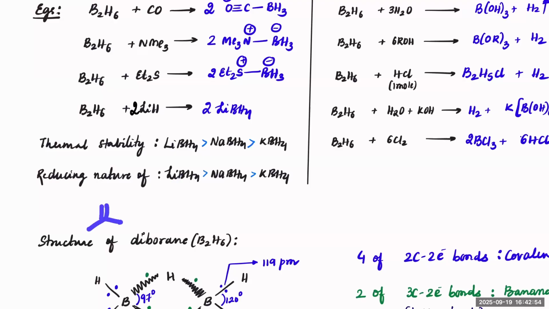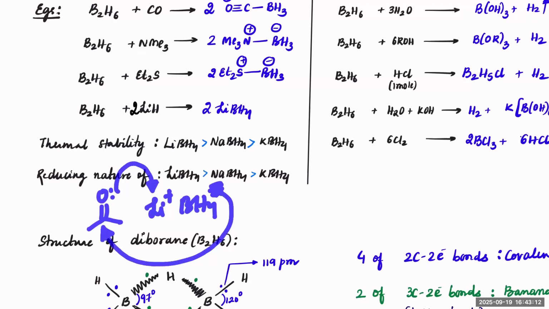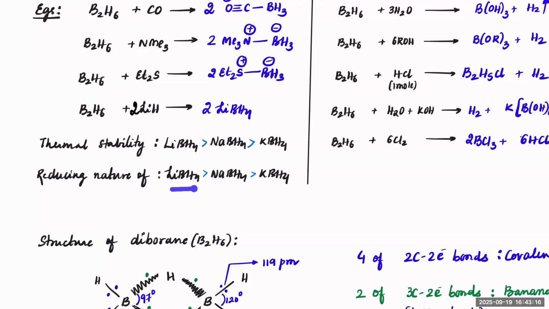Let's say you have C double bond O and you're treating it with lithium plus BH4 minus. The oxygen's lone pair can connect very strongly with lithium as compared to sodium or potassium, and that gives BH4 minus a chance to attack this carbon. That's why lithium borohydride has a better reducing nature compared to NaBH4 and KBH4.